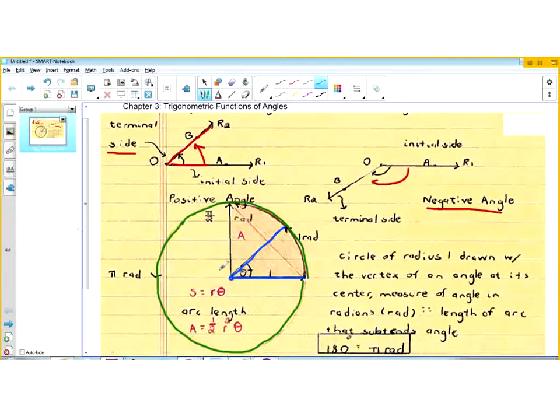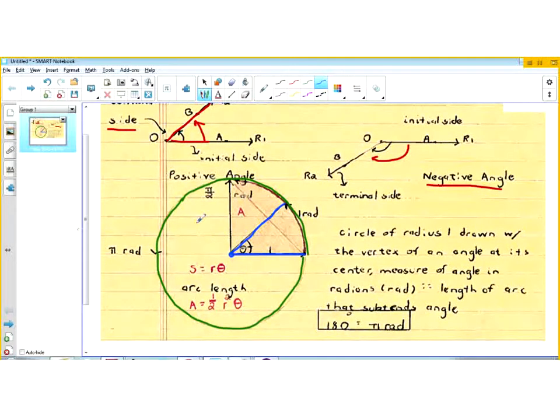And the vertex of this particular angle that I've accentuated in blue is at the center of a circle. And we measure this angle theta. This is a Greek uppercase theta right here.